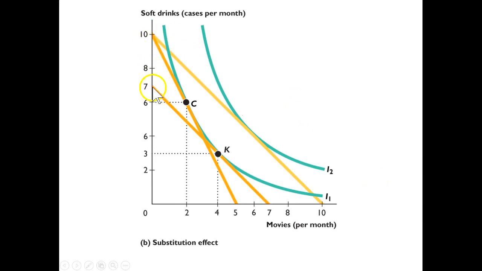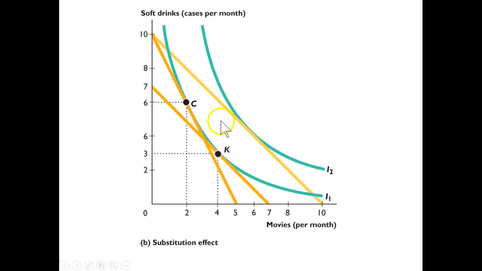So we're shifting the new budget line back to the point where it's just tangential to the original indifference curve. And this gives us a new point, point K. So this is, in a sense, hypothetical.